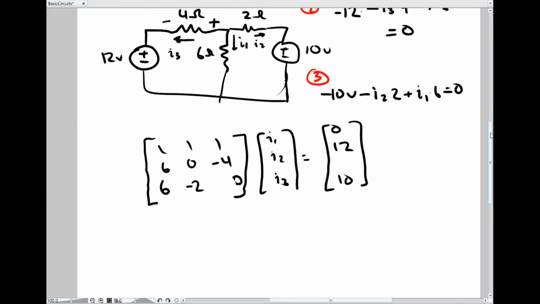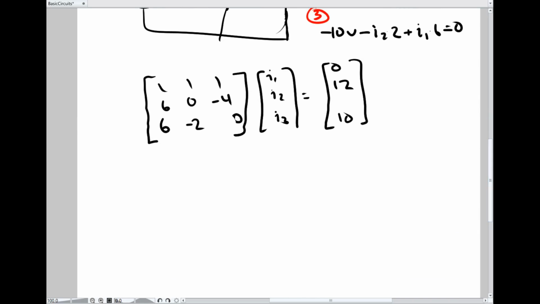And then we apply Cramer's rule, because that's my favorite way to do these things. Not very mainstream, but it still is.